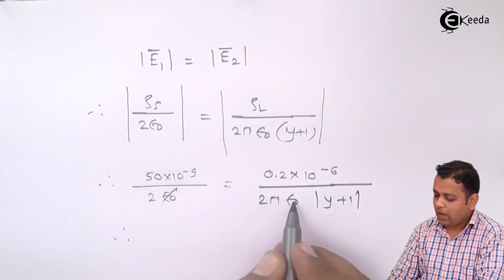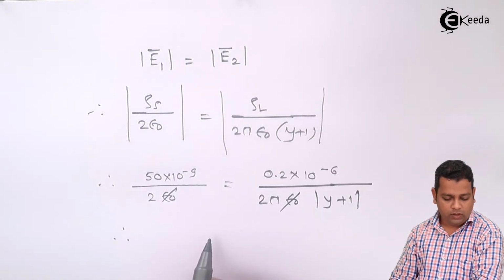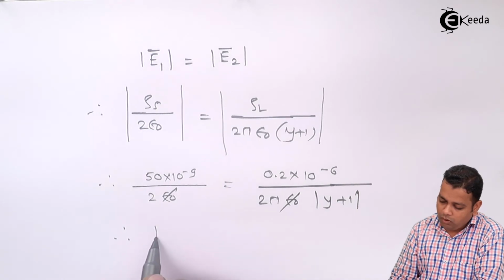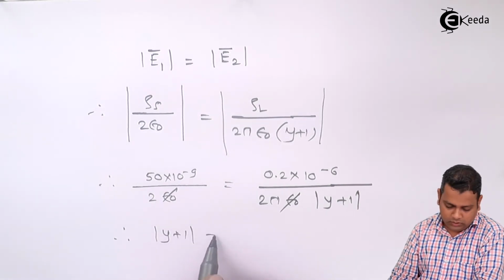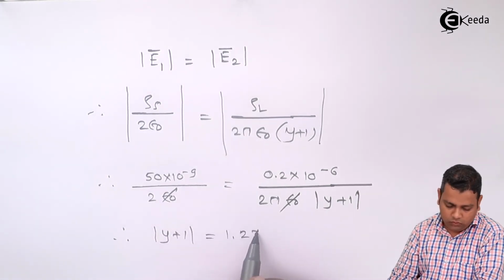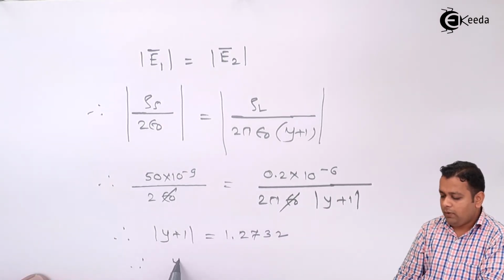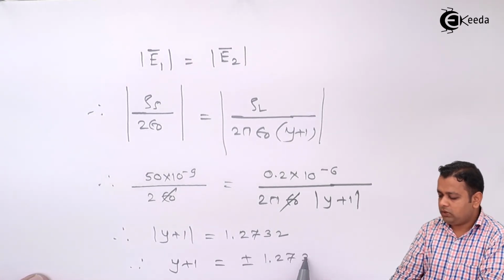So epsilon 0 can be cancelled out. Finally, we get the relation mod of y plus 1 is equal to 1.2732. Hence, y plus 1 can be plus or minus 1.2732.